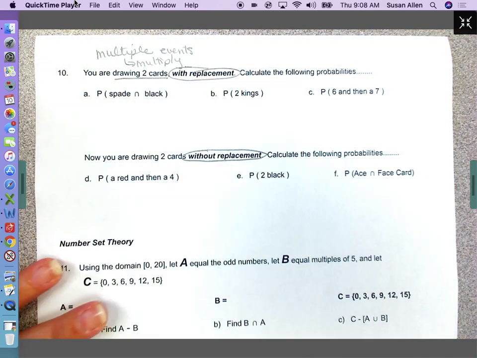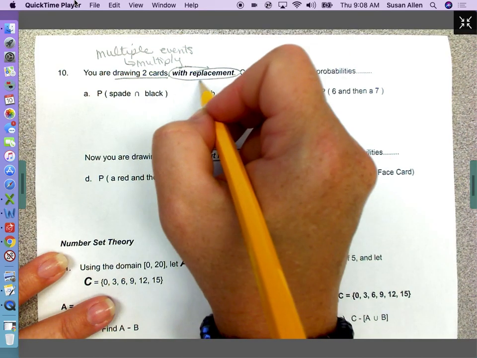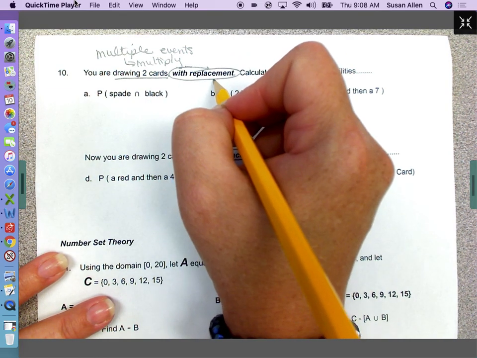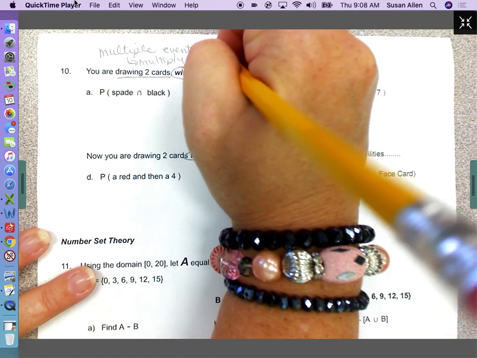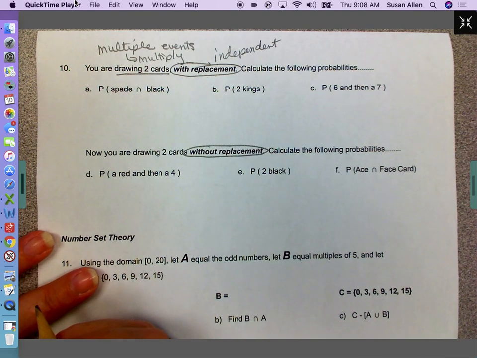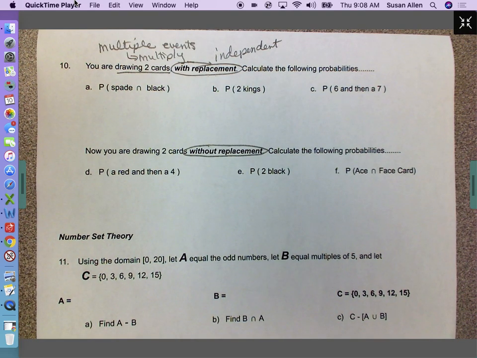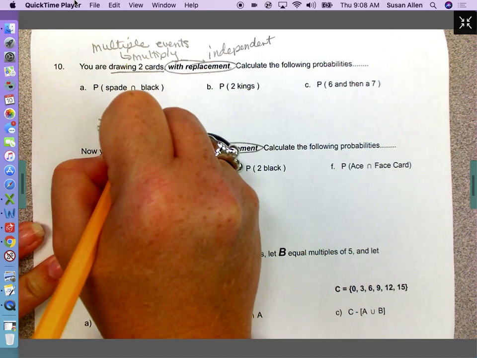We are replacing the card, which means that the outcome of the second draw has nothing to do with the outcome of the first draw. Therefore, these events are independent and my denominator will remain the same. So since that is the case, I can go ahead and make my denominators 52. So I'm going to have 2 events where my denominators are 52.